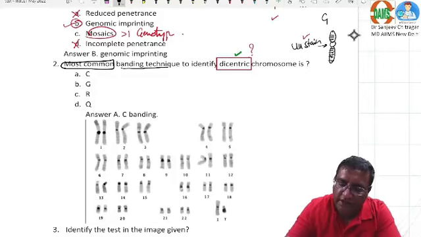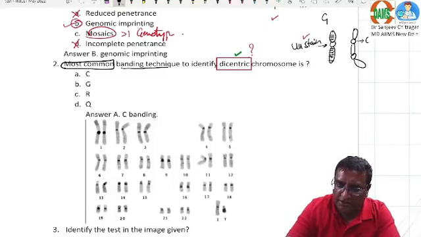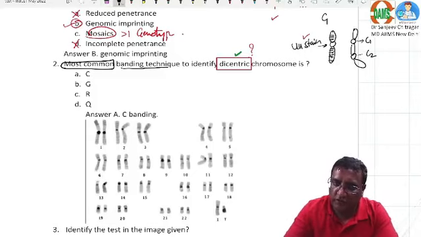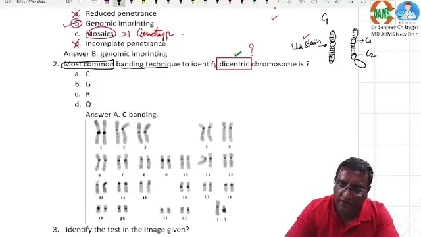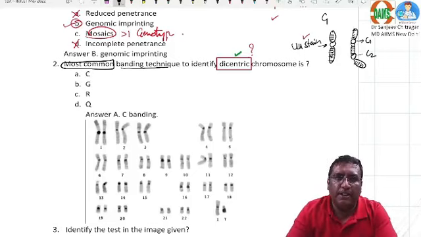Whereas a dicentric means there will be two centromeres, C1 and C2, and it is very difficult to identify on routine banding. Why? Because in routine banding, you alternately have less stained and more stained areas.